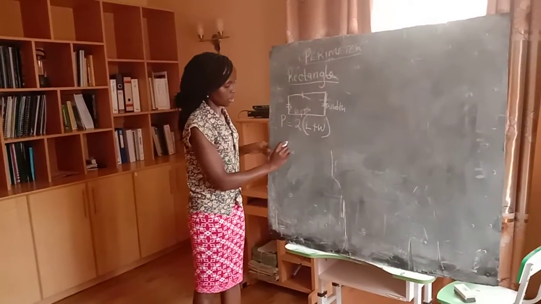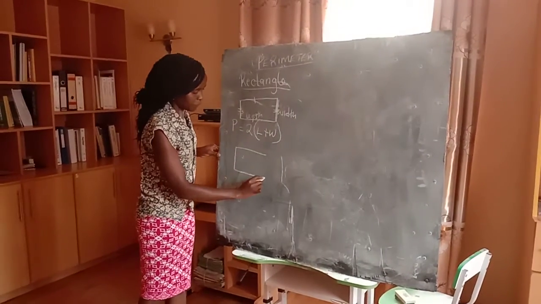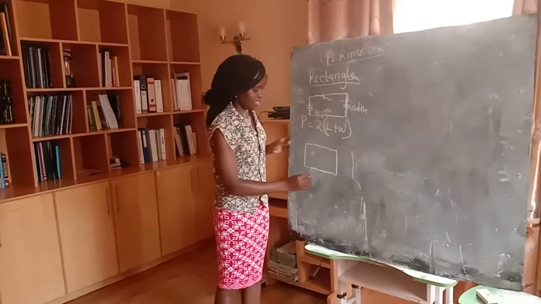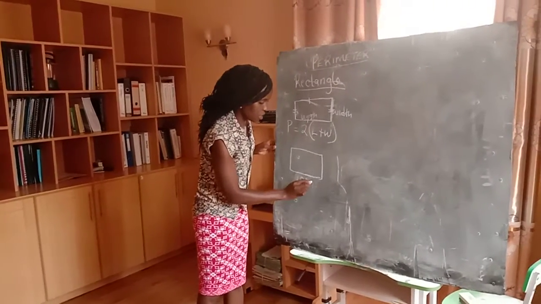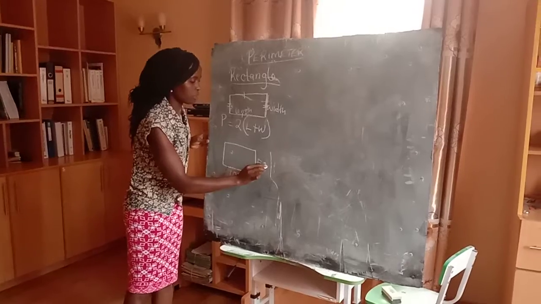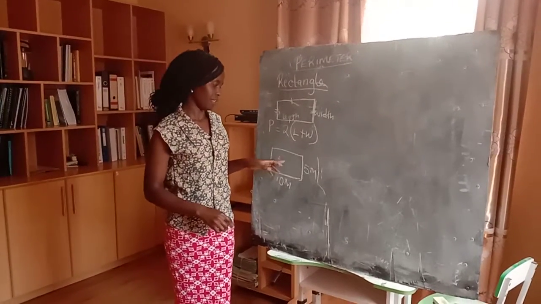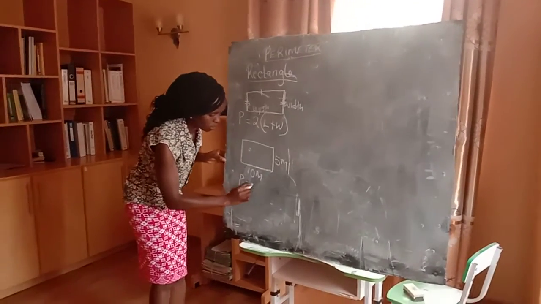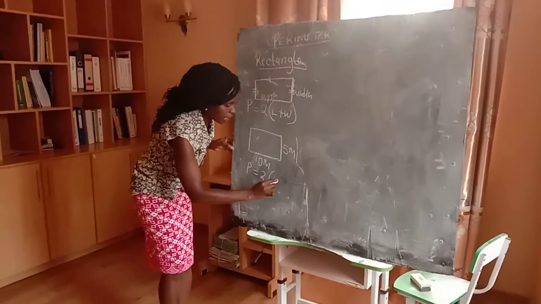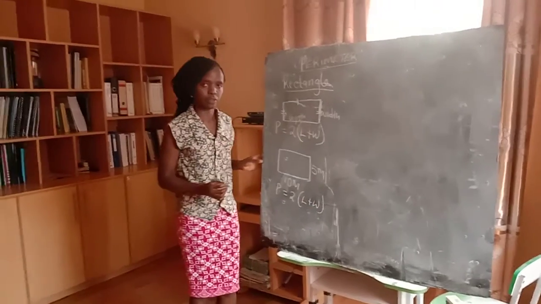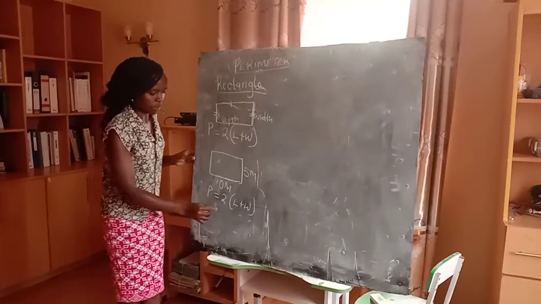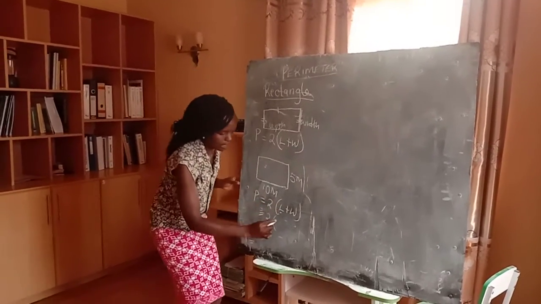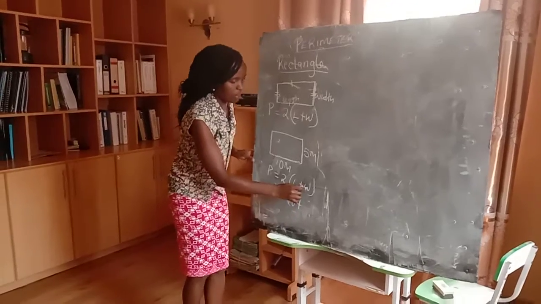For example, if I have a rectangle that measures 10 meters by 5 meters and I'm told to get the perimeter of this rectangle, I'll say perimeter is equal to 2 bracket L plus W. That is 2 bracket, L represents the length, I take 10, plus the width, which is 5.